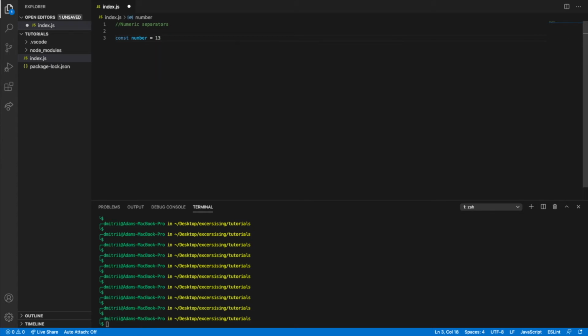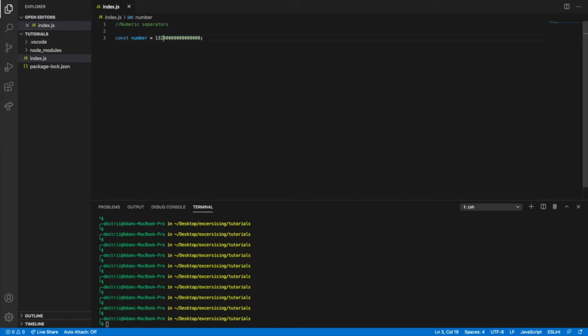For instance, it's going to have many zeros. That's the problem: sometimes when you have to deal with this kind of number, it can be quite confusing, because it's quite difficult to figure out how many zeros there are.